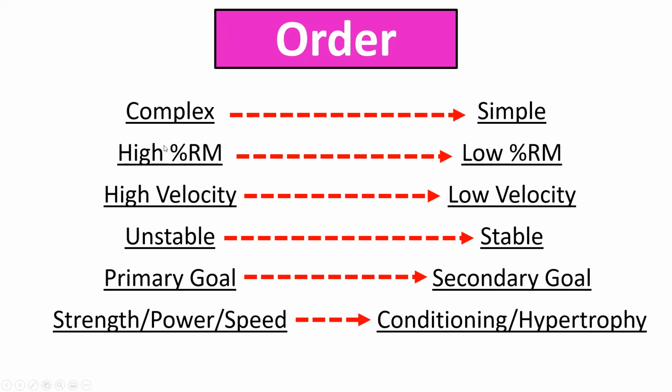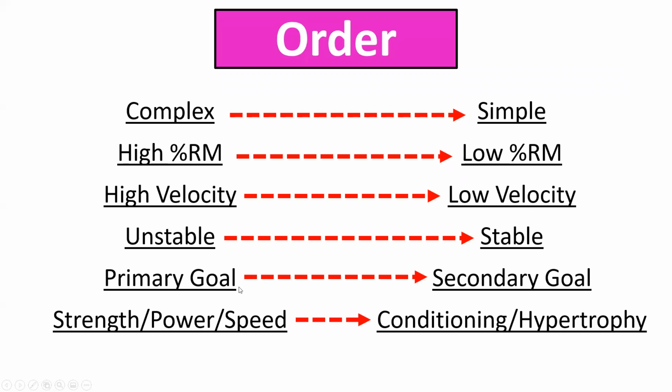Okay, so you should have more unstable, more complex, high speed, heavy, primary strength, power, speed exercise training stimuli before your simple ones. So you want to do your pull-ups before your bicep curls. You want to do your bounds before your squats. You want to do your bounds before your lunges.